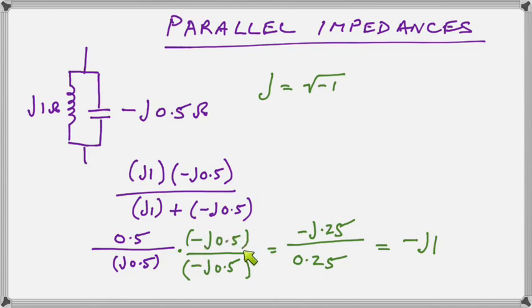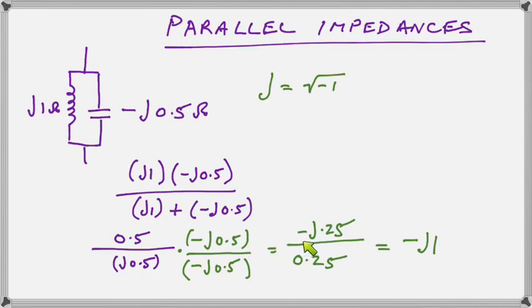Now, in order to keep this the same, we have to obviously have a fraction of 1. Anything over itself is just 1, so we're not actually altering our fraction in any way, but we now have to multiply the top real number by this minus J.5 that we have here. So what is that? Well, that's just half of 0.5J, a negative 0.5J.